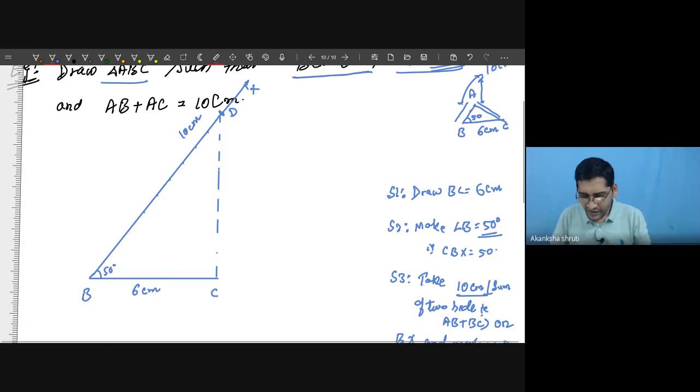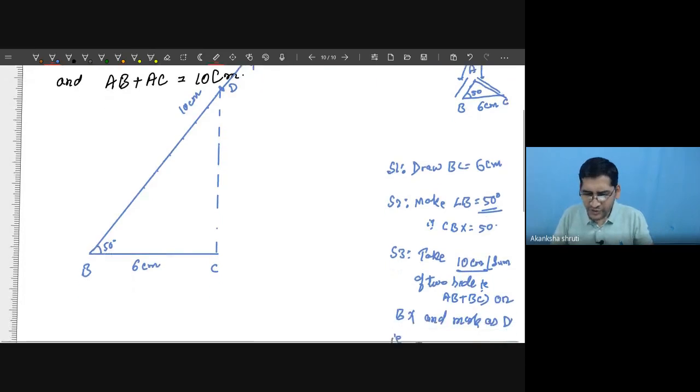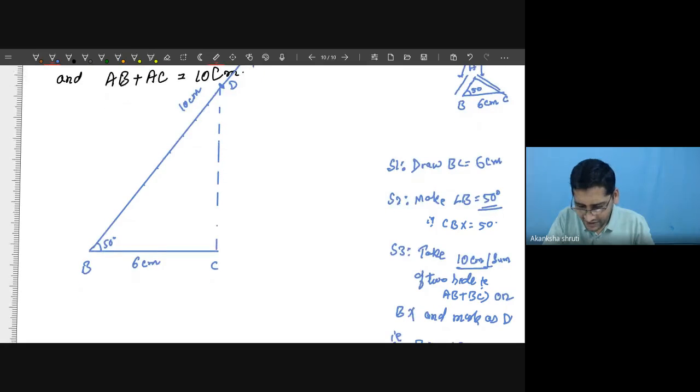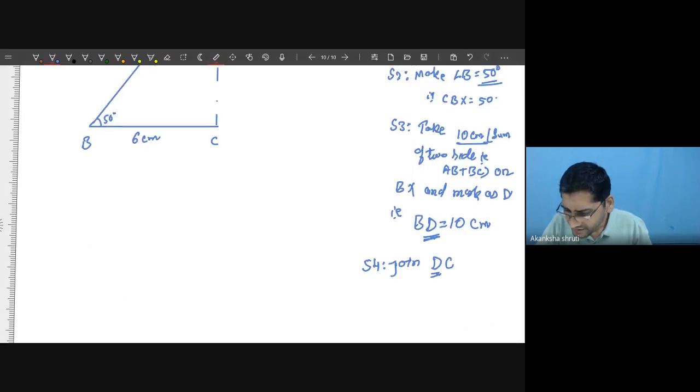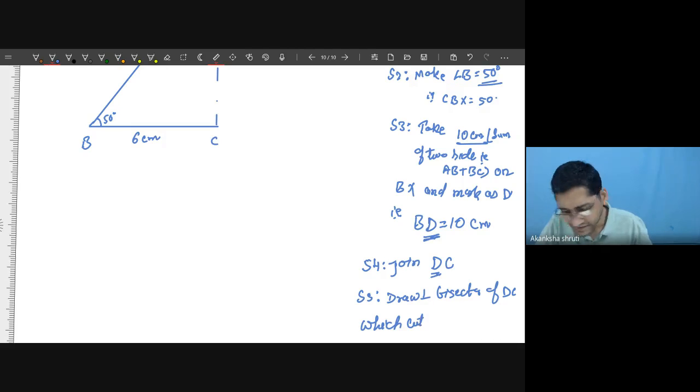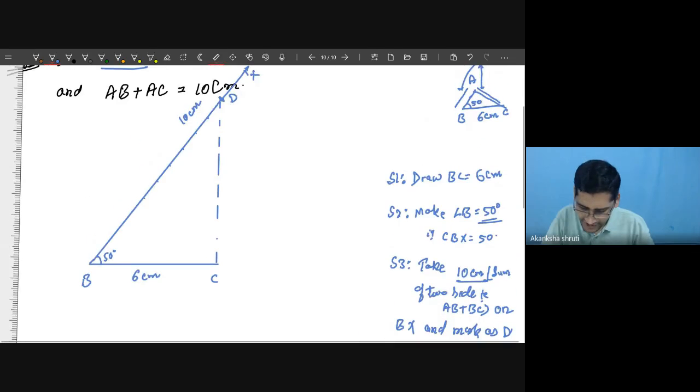Now, in the next step, step number 5, draw the perpendicular bisector of DC, the dashed line.